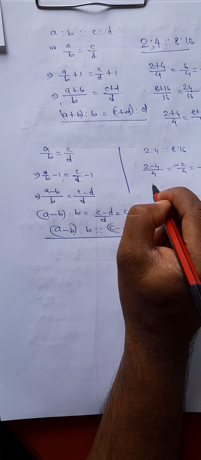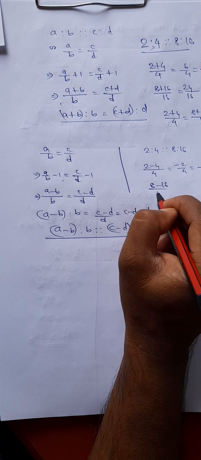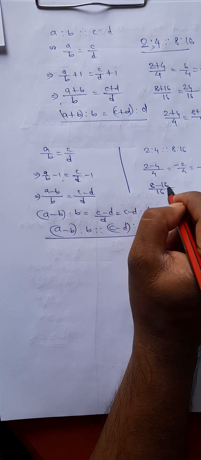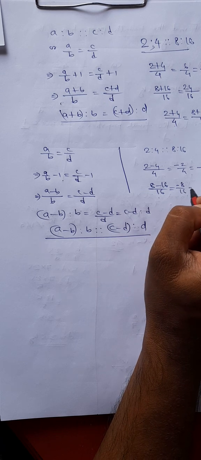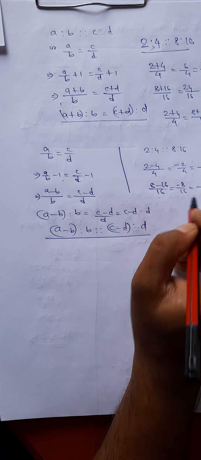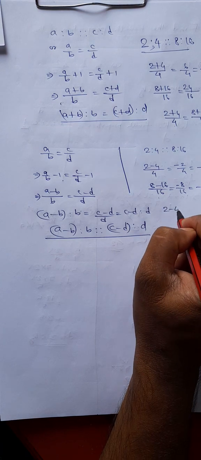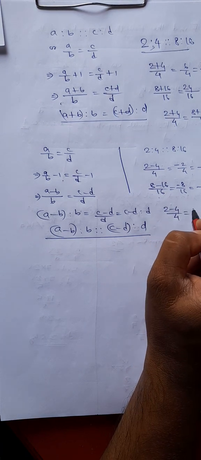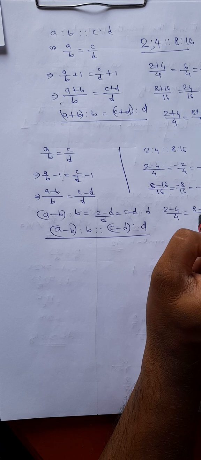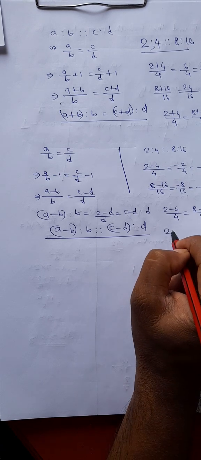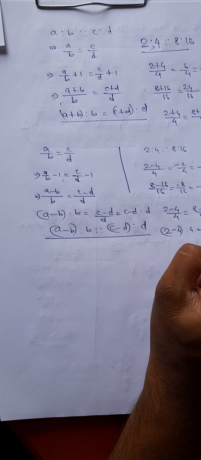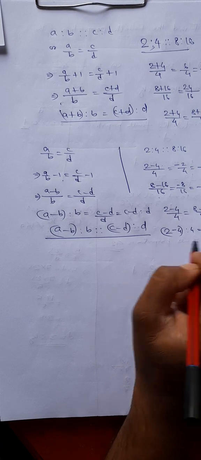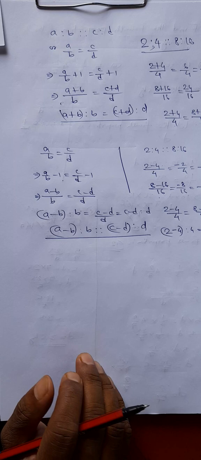C minus D, 8 minus 16 divided by D, C minus D divided by D, minus 8 by 16, this means minus half, both are same. So 2 minus 4 is to 4 equal to 8 minus 16 is to 16. This property is called dividendo.